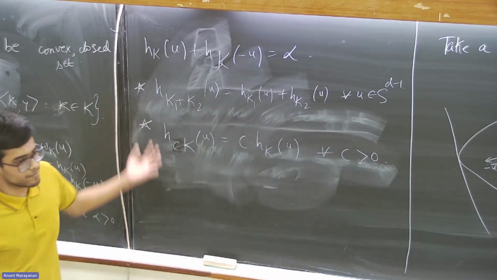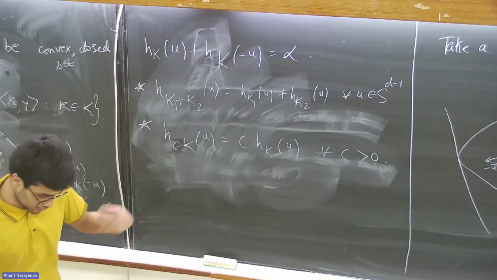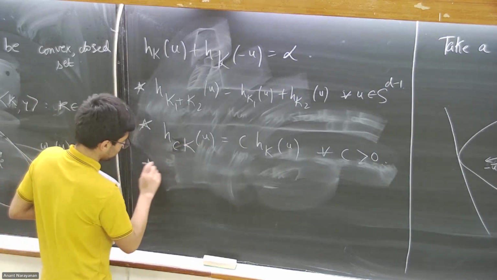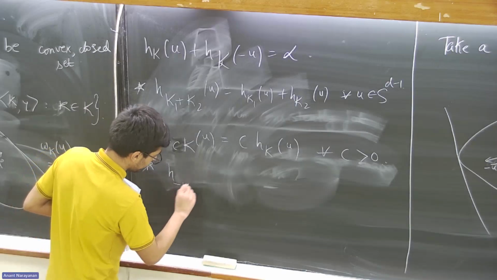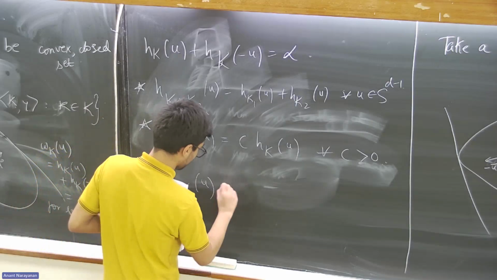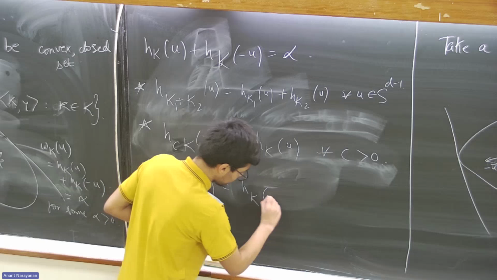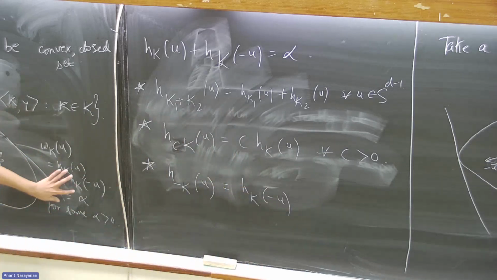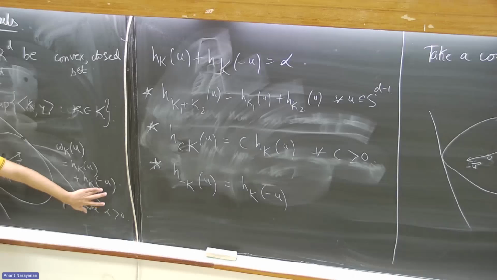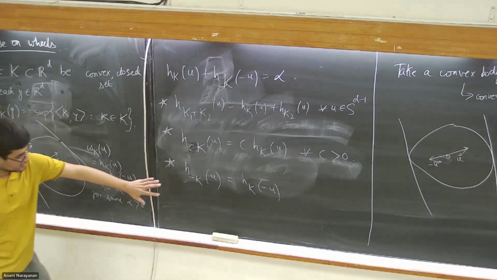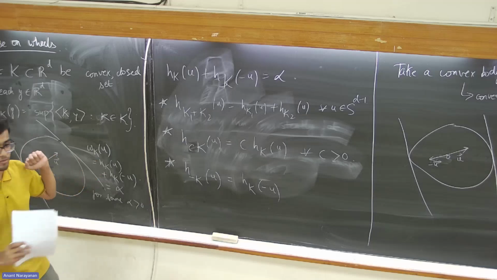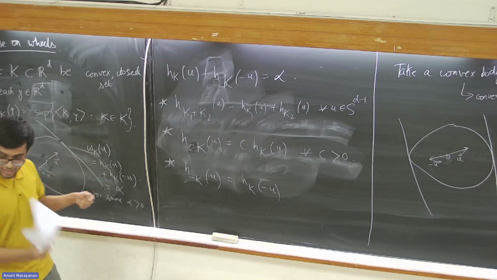So if I'm scaling my body, then the scaled body is also a body of constant width, and the width simply gets scaled. Finally, if I take h of minus K at u, that is h of K at minus u. But again, because our definition involves both h_K(u) and h_K(minus u), the width of minus K will be the same as the width of K.